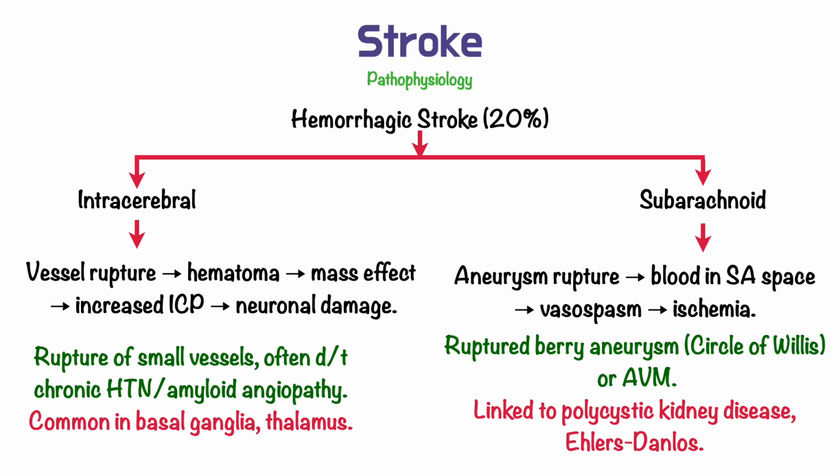This rupture will lead blood into the subarachnoid space, causing vasospasm and ischemia. The most common cause is a ruptured aneurysm at the circle of Willis, or arteriovenous malformations. They are linked to polycystic kidney disease and also Ehlers-Danlos syndrome, right?